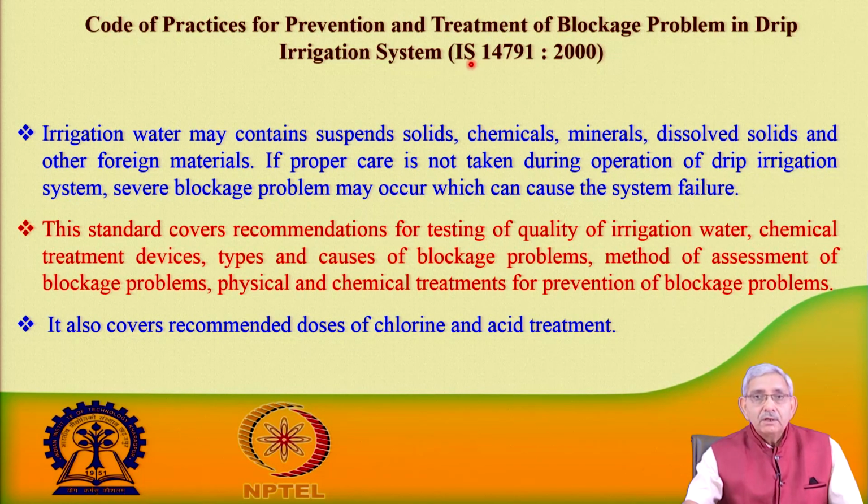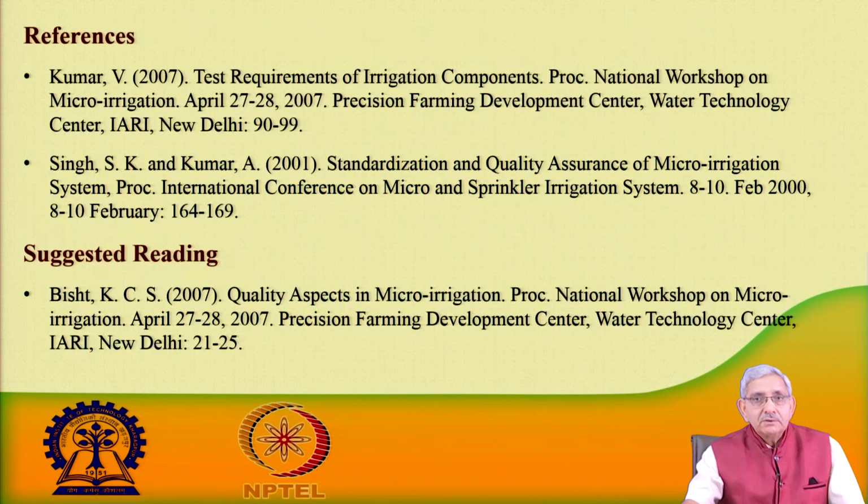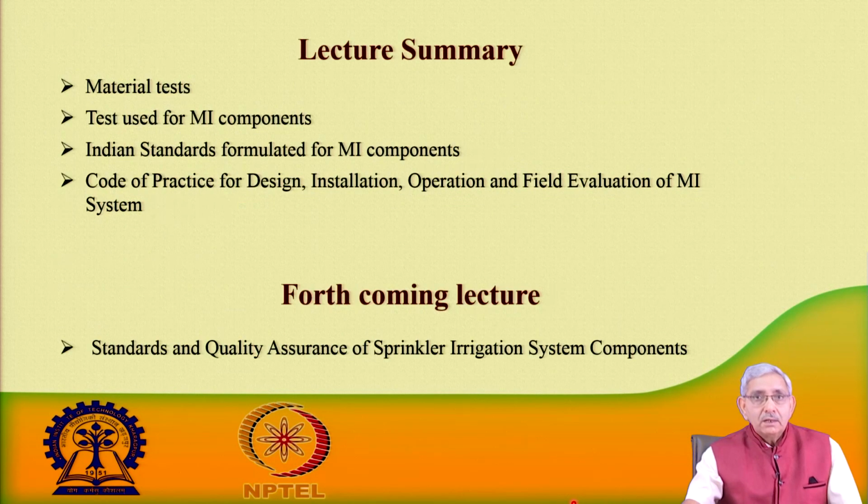This is the code which has been prescribed, that is IS 14791, and one should follow and read these things. To get more detail you are advised to go through these references, and there are standard books and also BIS standards which I have mentioned in the discussion. So, go through them in detail.